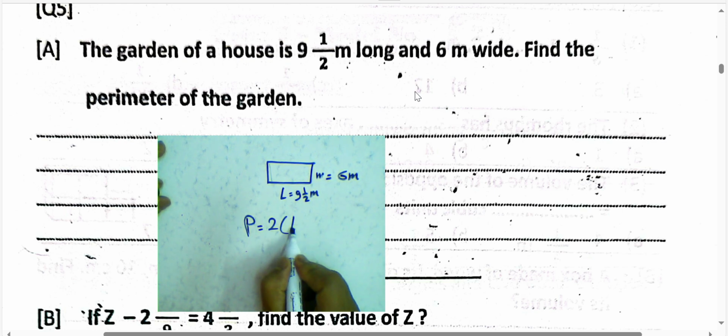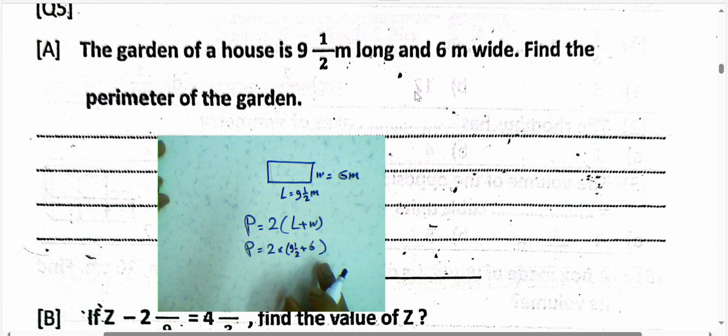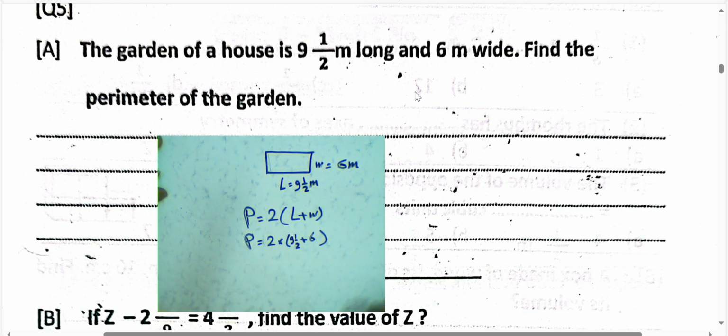Perimeter equals 2 times the sum of length and width. We have here 9.5 and 6. We can add them together and then multiply the result by 2. We know the sum of 9.5 and 6 will be 15.5. 15.5 times 2.